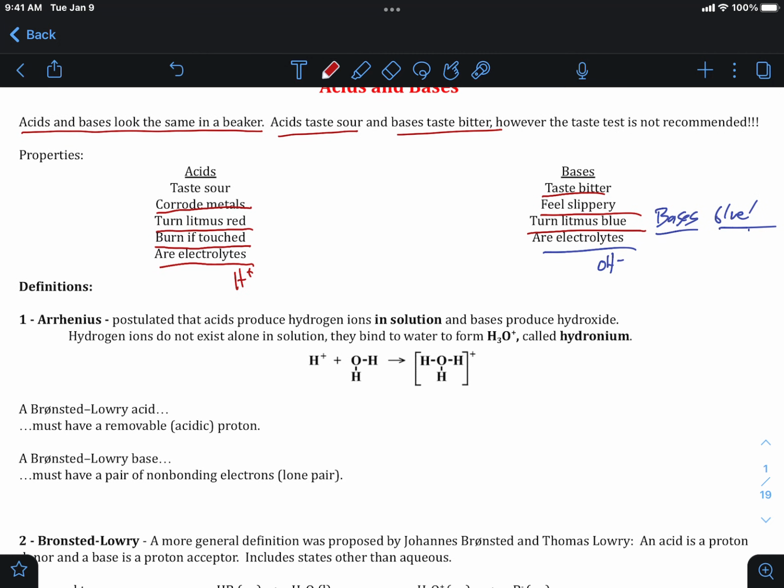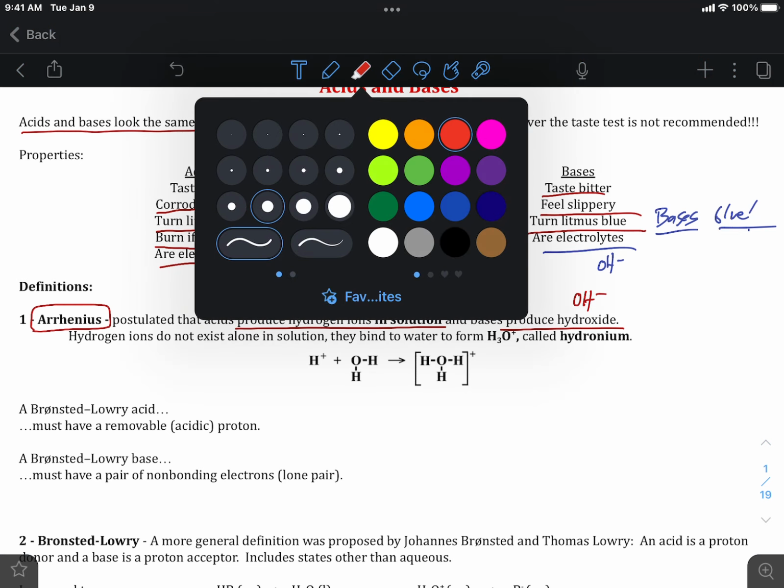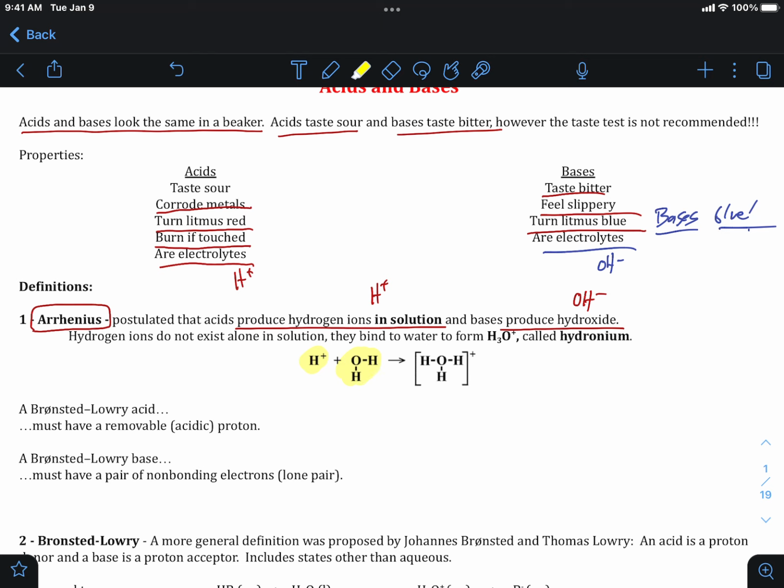The Arrhenius definition says that acids produce hydrogen ions in solution. Bases produce hydroxide ions in solution, right? Hydrogen ions, hydroxide ions. But here's the thing you've got to remember. Hydrogen ions do not exist in isolation, right? They bind to water and form the H3O+ ion, which has a name.